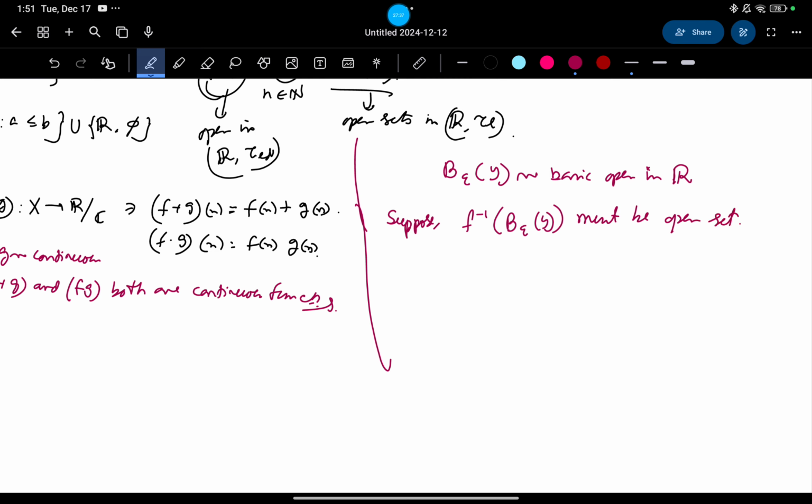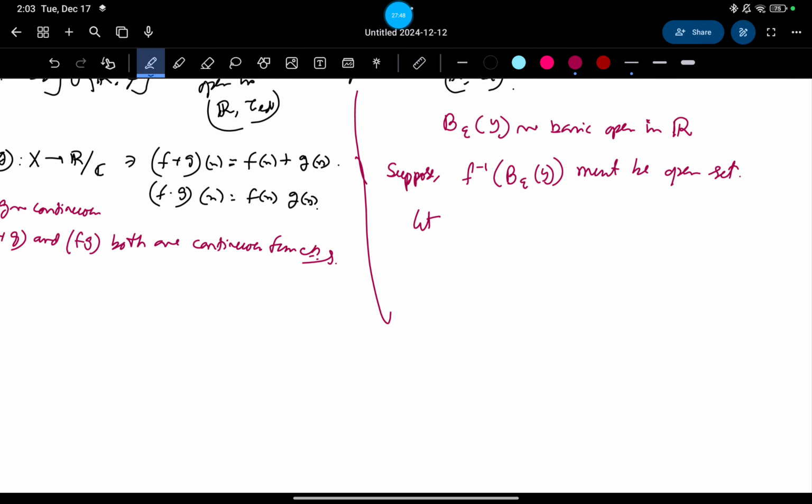So as it is an open set, let us consider that small x naught belongs to f inverse B epsilon of y.